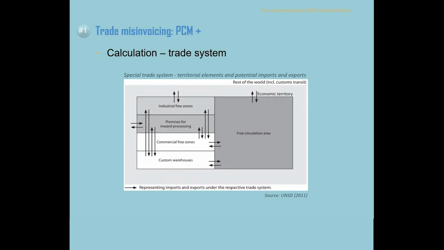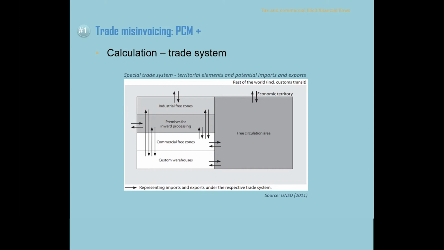So in these cases, we see that it is a different treatment of those trade flows, sometimes treated as exports to our country by our partner countries, but they're not treated as imports to our country by our country, which means that there will be discrepancies arising from these trade flows, but they would be a result of the application of different trade systems and not because of the illicit financial flows.